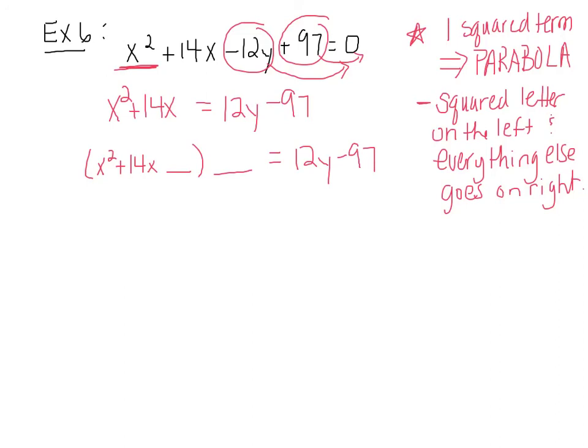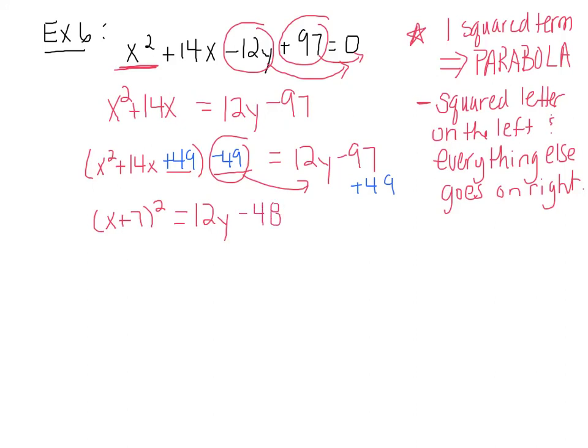We get 7, then we square it, which gives us 49, so we need to balance it with the minus 49. So you get (x plus 7) quantity squared. Now we're going to move this minus 49 over to the other side. So we have 12y, and when we move it over as a positive 49, remember we're going to combine it with the negative 97. That gives us minus 48.